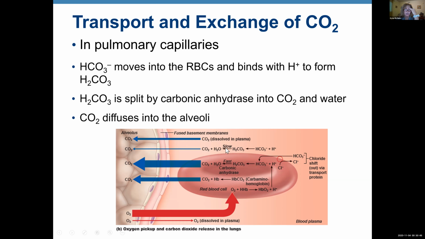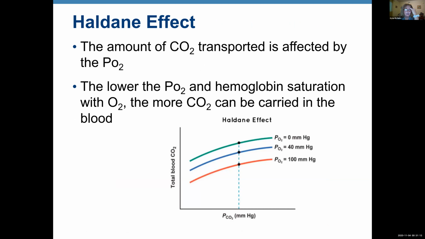Here we have a very slow conversion of bicarbonate into carbon dioxide in plasma, but most of it moves back to the red blood cells. Chloride moves back out. Again, the chloride shift happens. And here we have this enzyme, carbonic anhydrase, that converts bicarbonate back to carbon dioxide and then it goes to the alveoli, right?